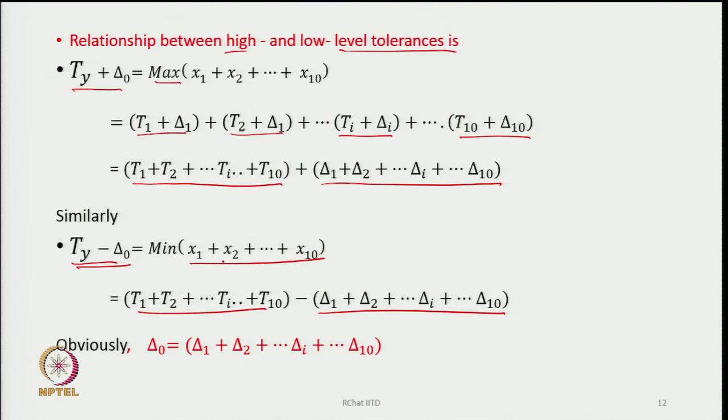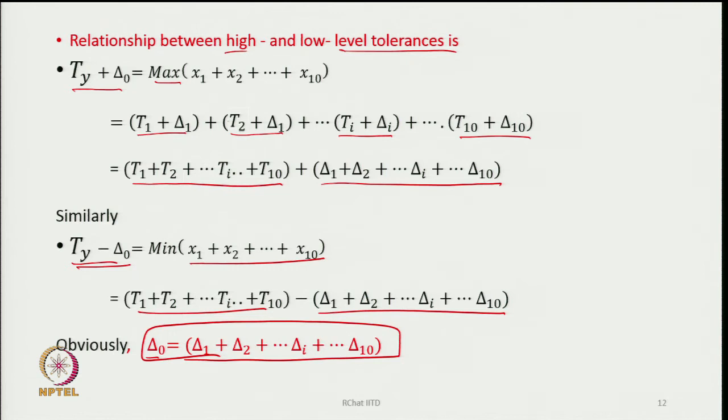Minimum value basically means it will be T_1 minus delta_1, T_2 minus delta_2, T_i minus delta_i, T_10 minus delta_10, and then we club together all T's on one side and all deltas also together, and therefore delta_0 becomes the sum delta_1 plus delta_2 plus delta_3 up to delta_10.